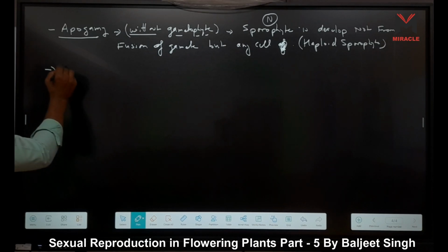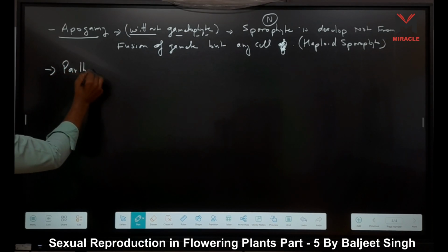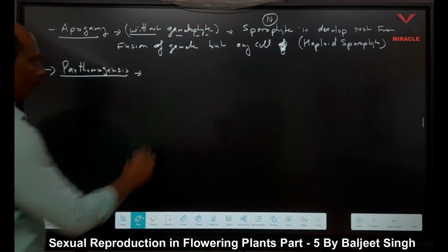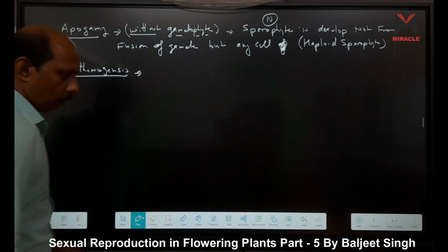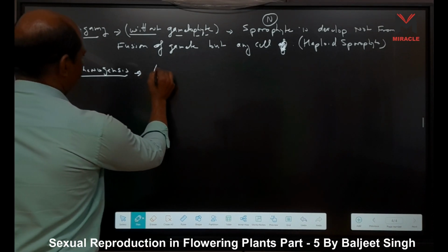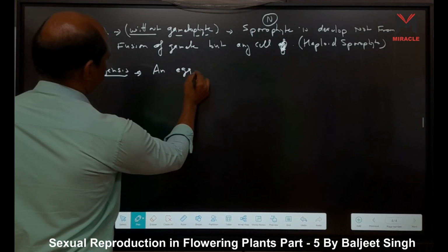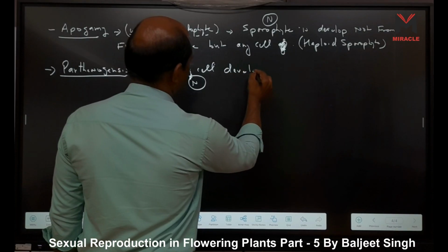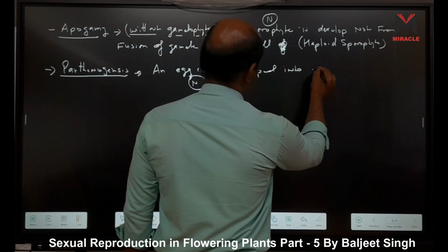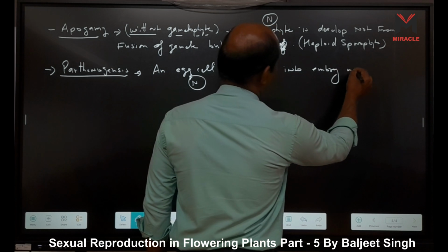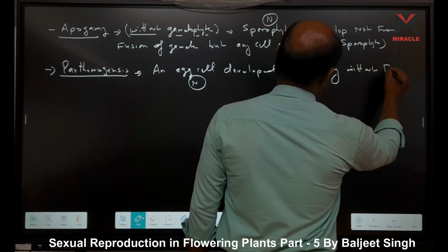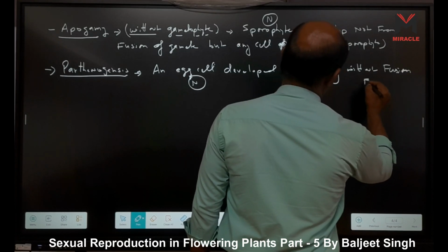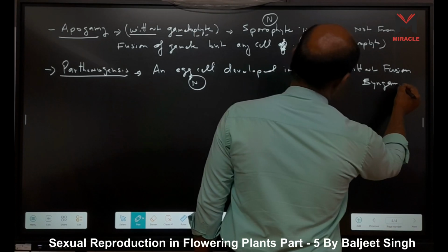Another one is parthenogenesis. Parthenogenesis means when an egg cell, which is already haploid in nature, develops into an embryo without fertilization, without syngamy.